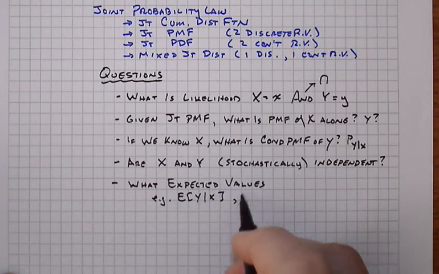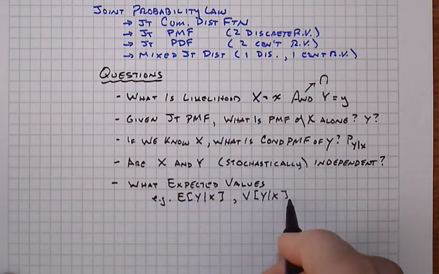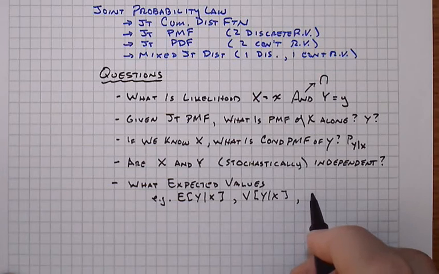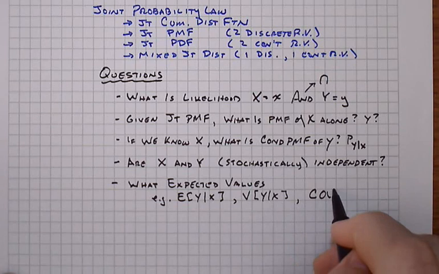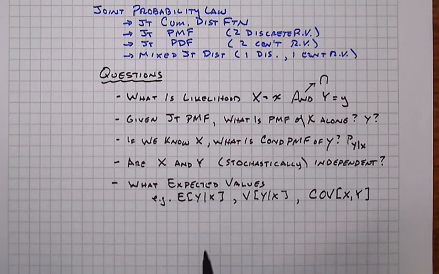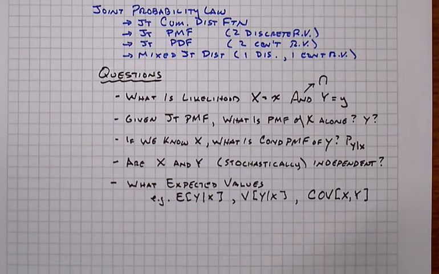Or the variance of y given x. And we also get a measure or an expected value that we've alluded to previously, and that is, what's the covariance of x and y? What does covariance really mean? These are all measures that we're going to be talking about here in our upcoming segments.